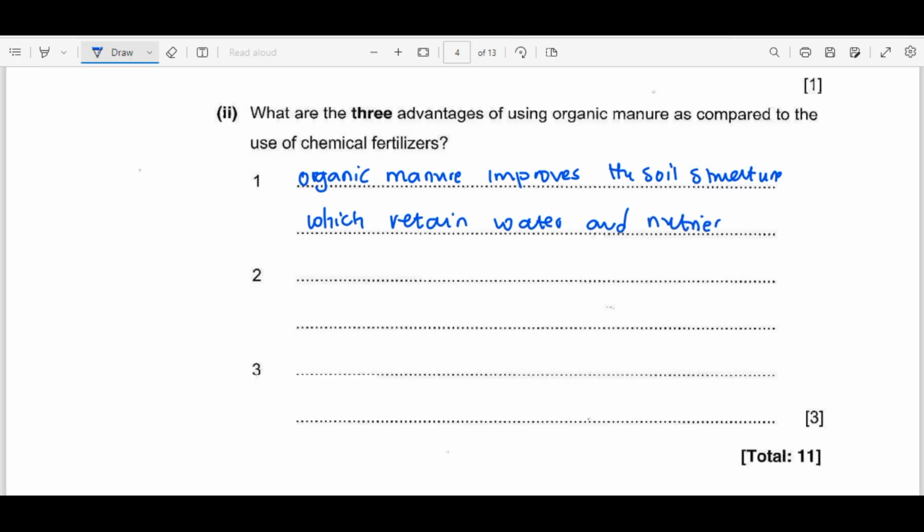So the retention in terms of the soil is the ability of the soil to keep, for example, water and other nutrients.